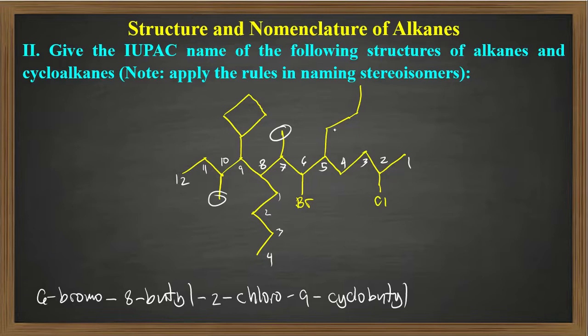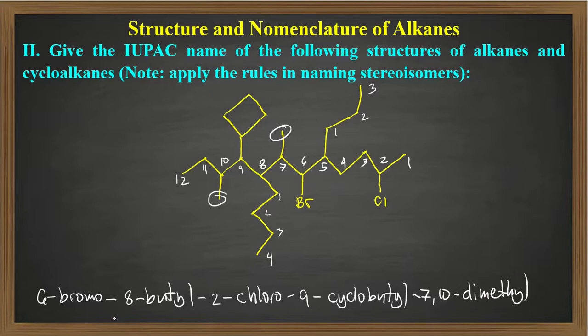Okay, because this is propyl, right? LMNOP. So M comes before P. Okay, so this will be 7,10-dimethyl. Okay, 7,10-dimethyl.